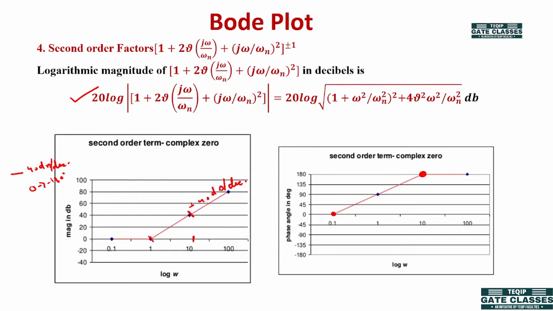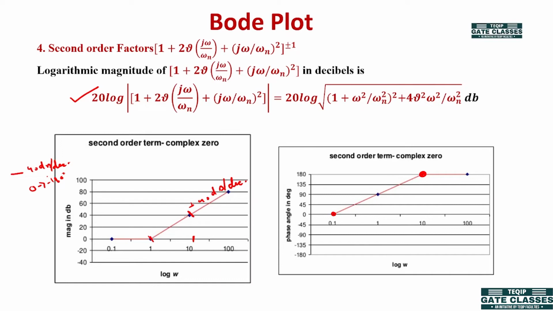Okay, so what we have observed from all of this: if we have a constant gain k present in the open loop transfer function, we have a constant line. If we have a single order pole, whether it be a pole at origin or a first order pole, we have a slope of minus 20 dB per decade. In case of a first order pole it is 0 dB till omega c, and after that it is minus 20 dB per decade.